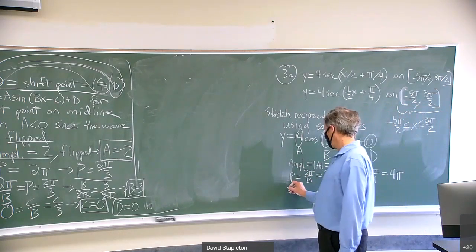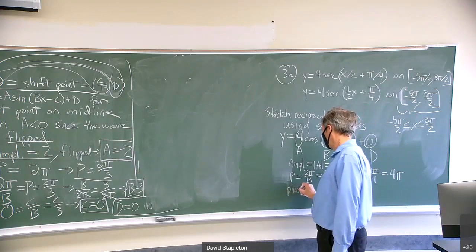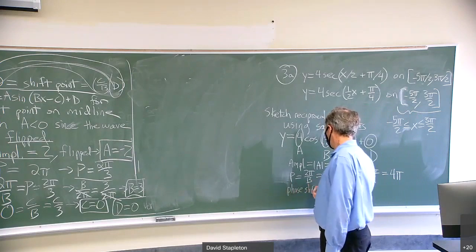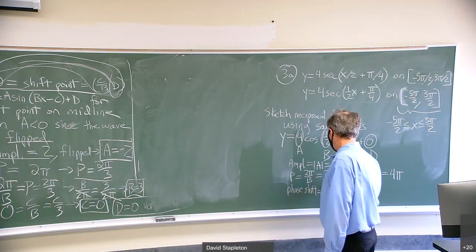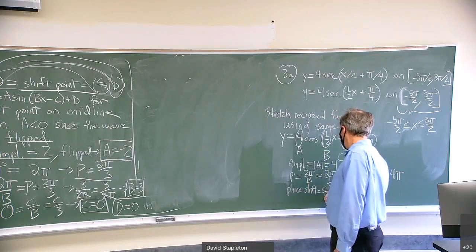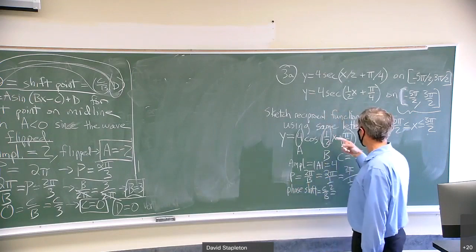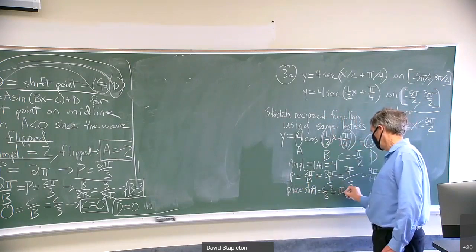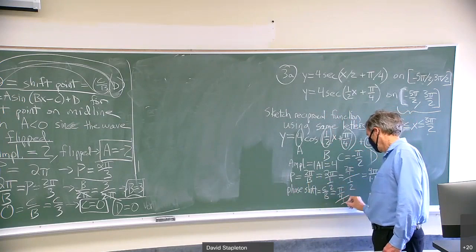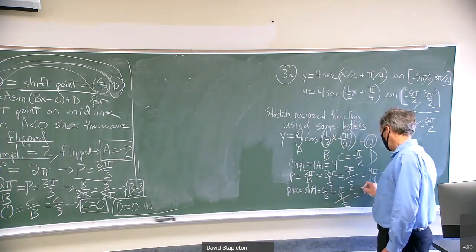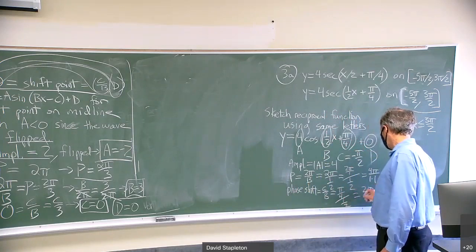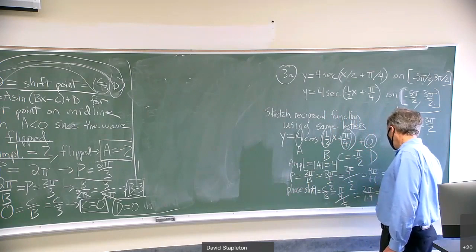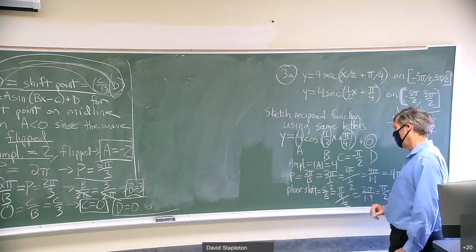Amplitude, period, there's a phase shift, which is always C over B. So we just read it. C is pi over 4 over B is 1/2. Again, top times bottom, pi over the middle times the middle, 1 times 4, gives you pi over 2 as the phase shift, right?